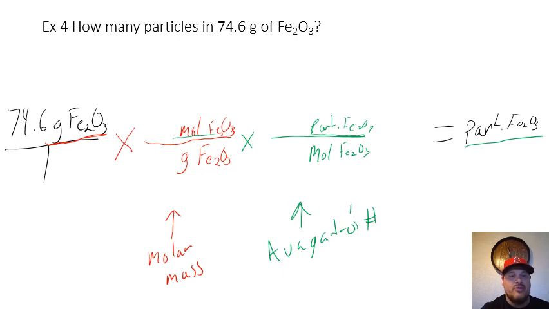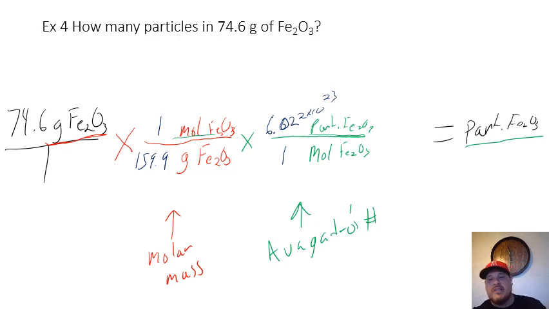So let's go over here to molar mass. So I know that we have 1 mole, and for every 1 mole of iron oxide, we have about 159.9 grams of this stuff. For Avogadro's number, I know that for every 1 mole, this applies to all molecules or particles or even atoms, I have 6.022 times 10 to the 23rd particles of iron oxide.